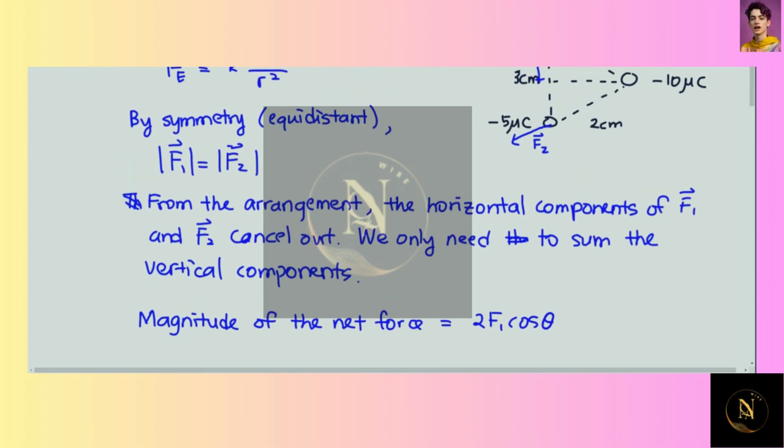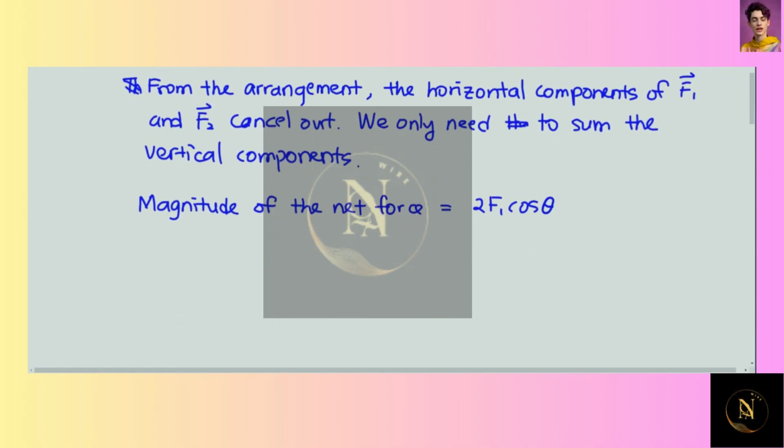They have the same magnitude and the horizontal components cancel out, so the vertical components just sum. F1 would be k Q1 Q2 divided by r squared.